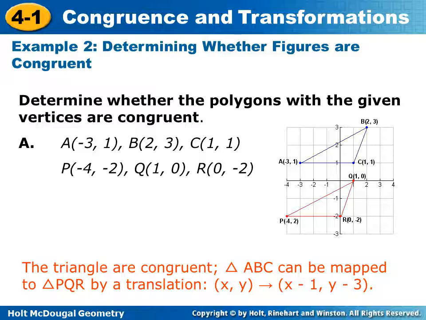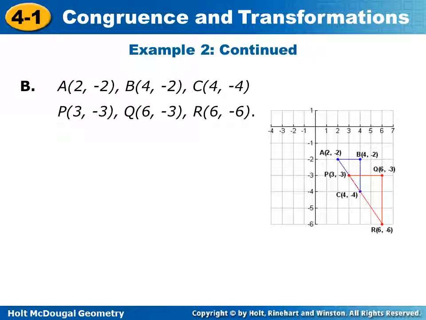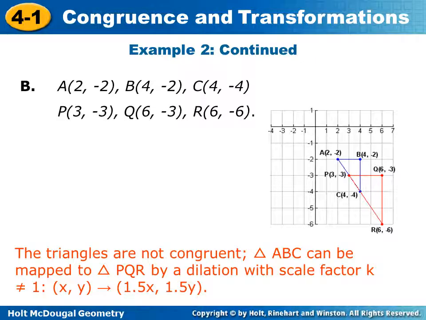They can be mapped by the translation (x minus 1, y minus 3). Here's another example where again, the blue image is our preimage and the red image is our image. And the triangles here are not congruent because ABC can be mapped by a dilation. And remember, dilations are the only transformation that does not produce a congruent figure.